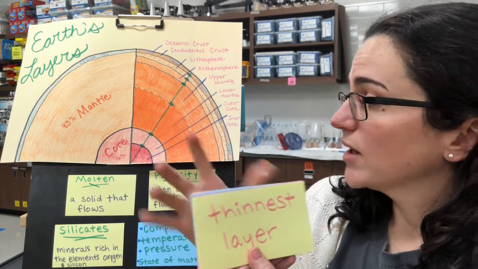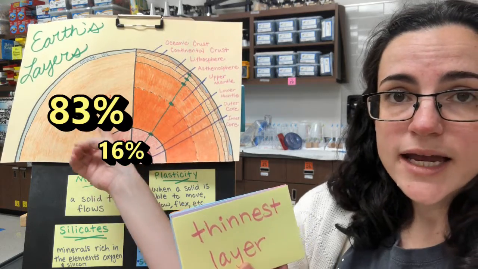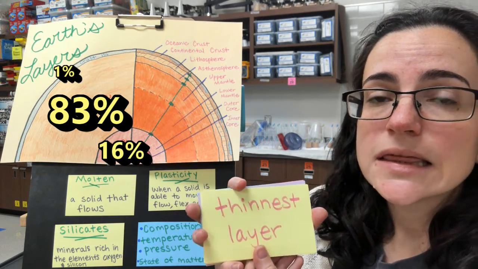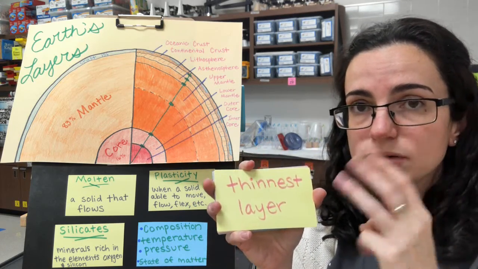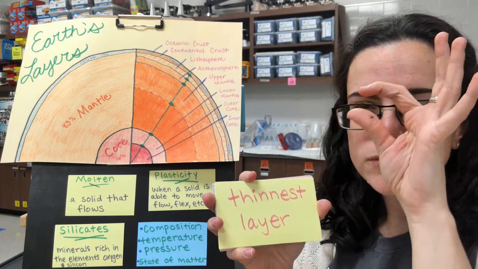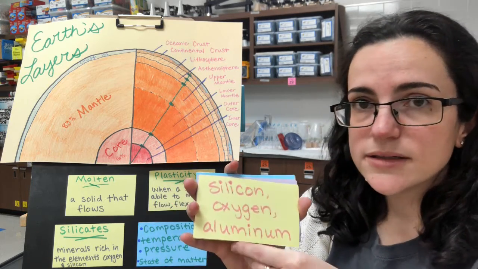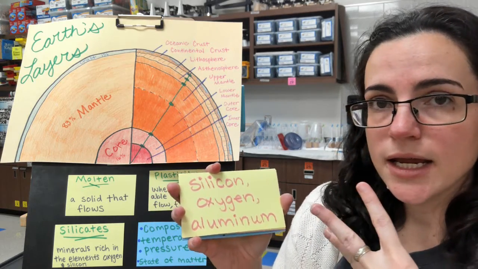And you can see by my percentages right here, 16% for the core, 83% for the mantle, and 1% for the crust. That is the thinnest layer of all three of the major layers of Earth. It's so thin. It consists of silicon, oxygen, and aluminum.